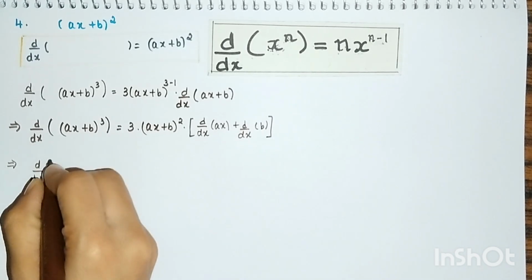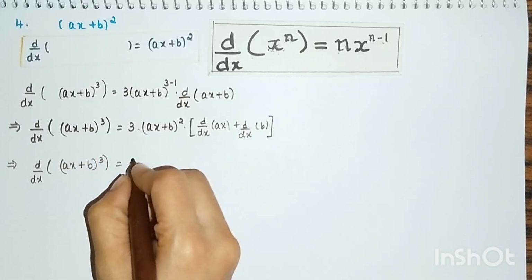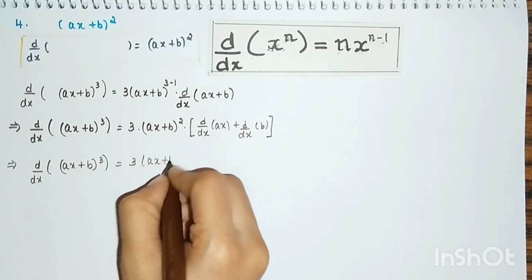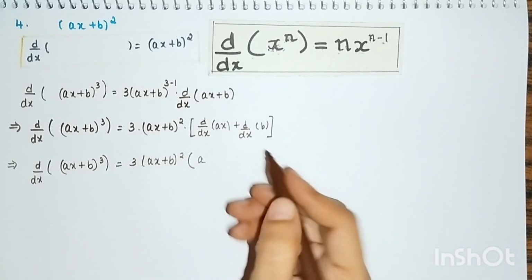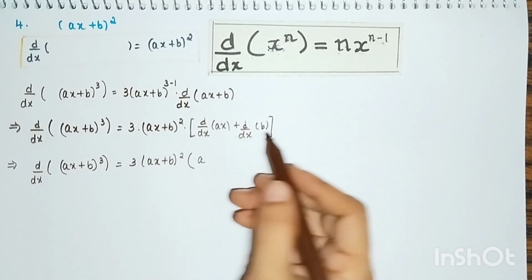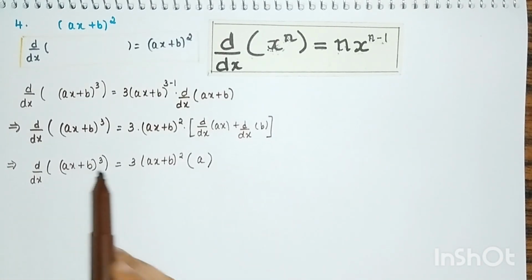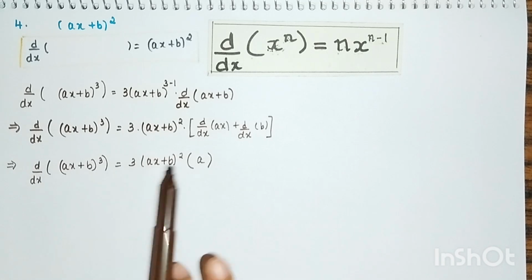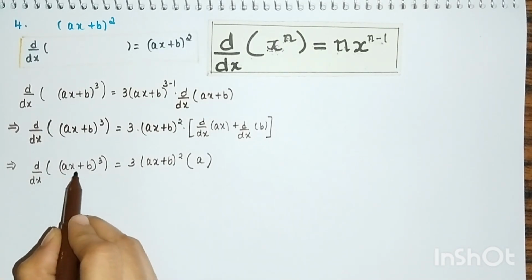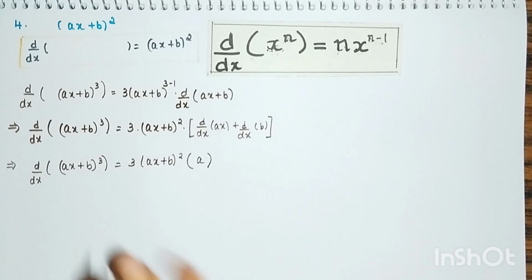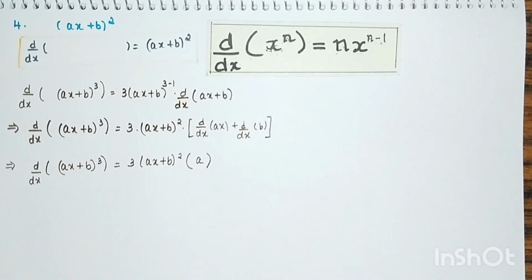So d by dx of ax plus b the whole cube is equal to 3 into ax plus b the whole square, and the derivative of ax is a and the derivative of a constant is 0. So I'll not write that, we'll just write a. Now we've got ax plus b the whole square, so we want to delete this 3a. Here we can directly write divide by 3a. We can avoid that step and directly write divide by 3a.